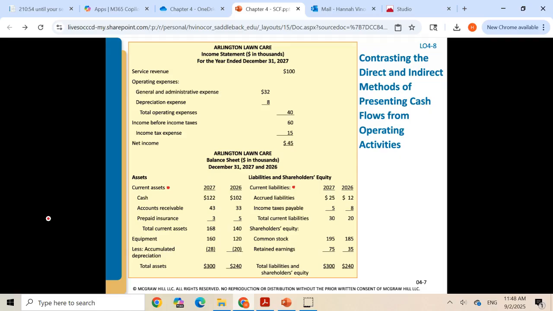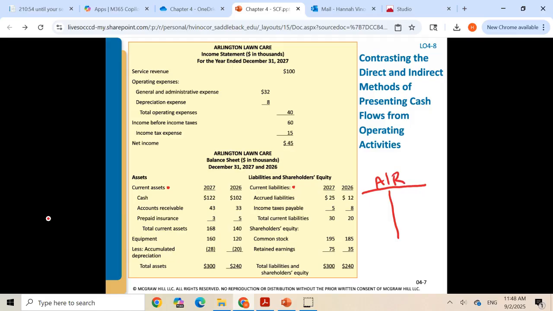Let's start with cash from customers. So how do we calculate how much revenue we got in cash? When we earn revenue that's not cash, we book it to accounts receivable. So we're going to analyze our accounts receivable account, and I'm going to draw a T account.